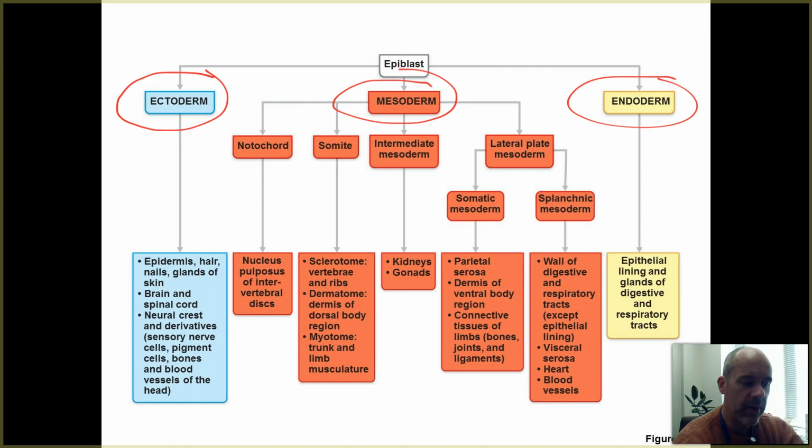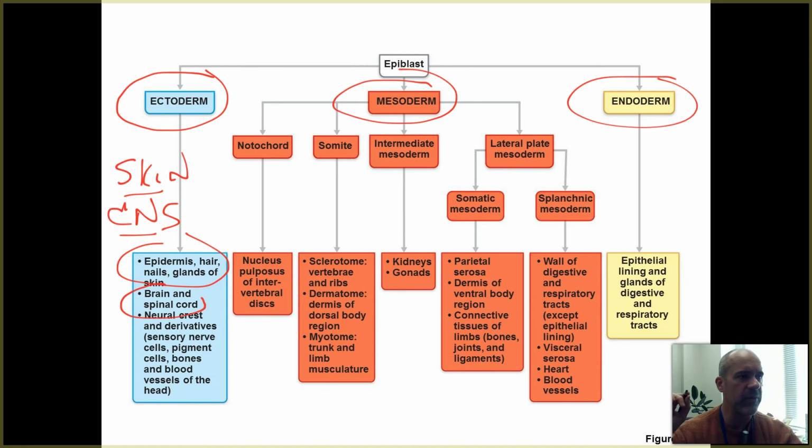The easiest way to remember what they turn into is they become the skin and the central nervous system. More specifics are given down in here about that, like the skin, the epidermis, hair, nails, brain and spinal cord, and so forth and so on.